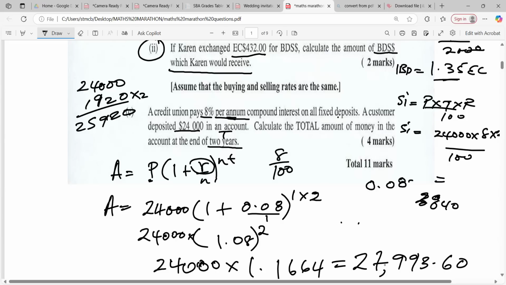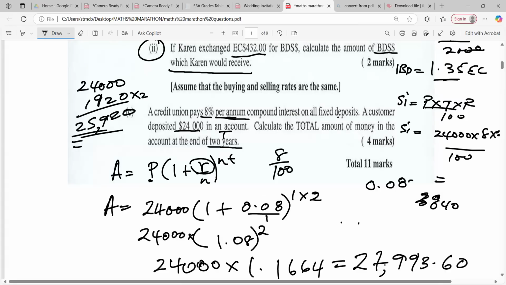What I did: 24,000, I times it by 8 over 100, and when I work it out, I got 1,920, and because they say 2 years, I times the answer by 2, and I got 3,840, and then I add it back to 24,000.